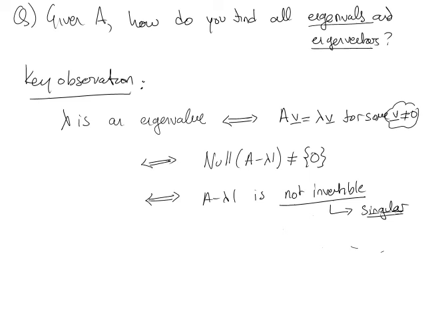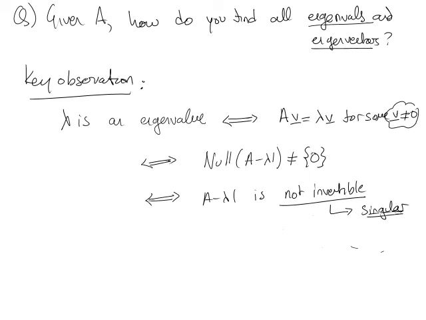Okay, and now we finally see why we learned about determinants, or one of the main motivations for learning about determinants. There are tons of different ways to check if a matrix is invertible, right? You could do row reduction and look at the pivots, or you could check if the columns are linearly independent, and so on. But in this case, what we're actually interested in is checking which matrices in a whole family are invertible, right?